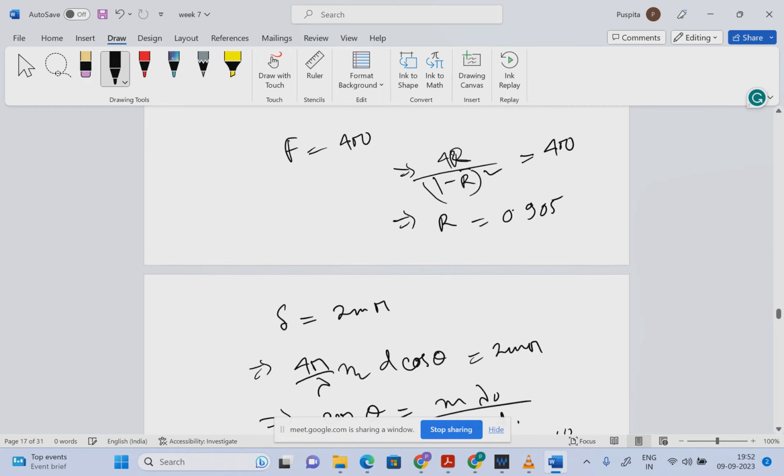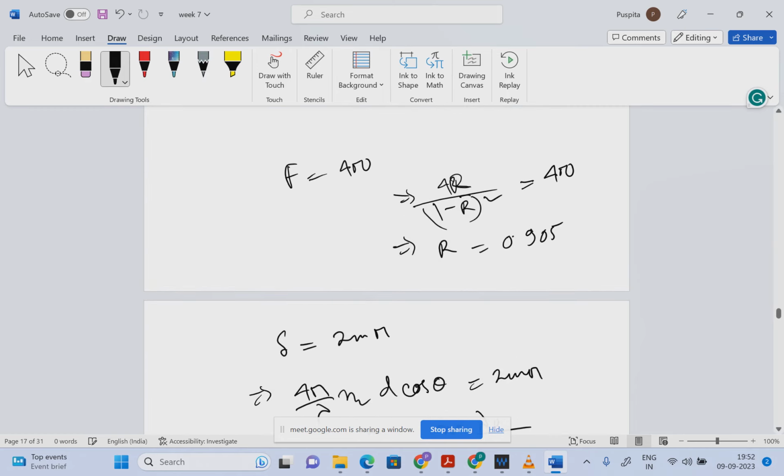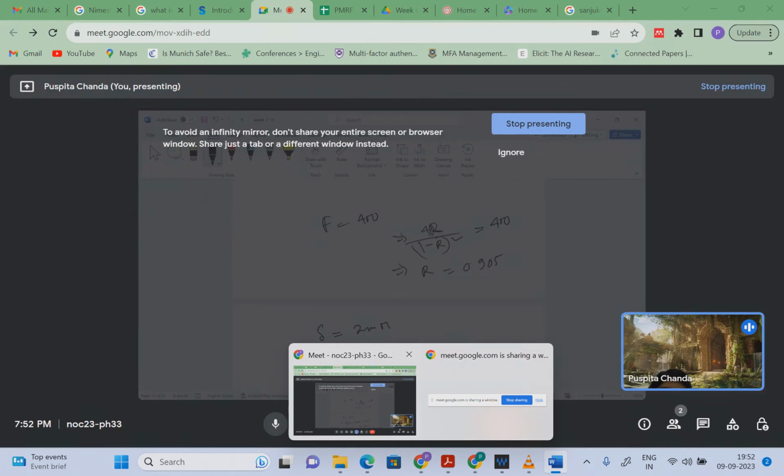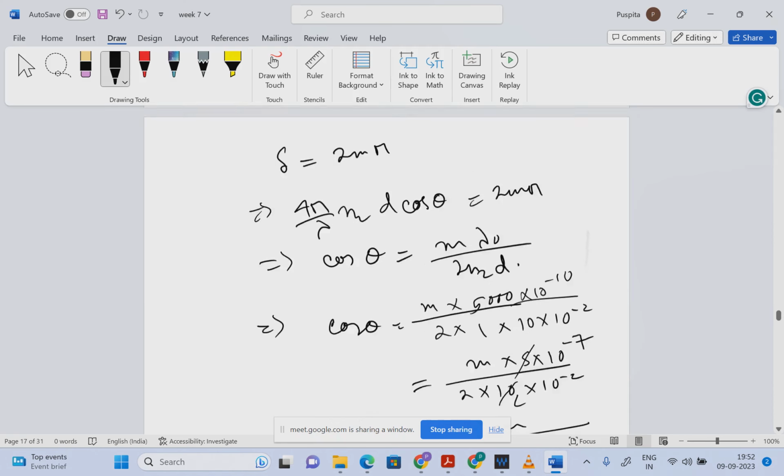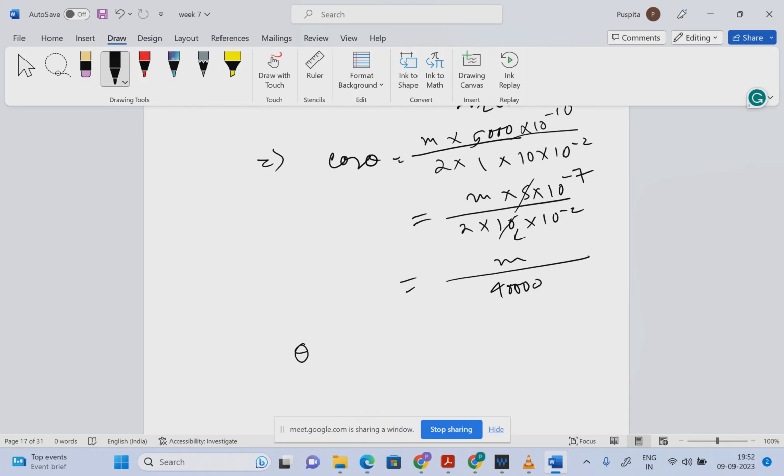The relation of F and R, F equal to 400, corresponds to R equal to 90%, and this is not relevant to this problem. So theta is equal to cos inverse of m by 50,000.